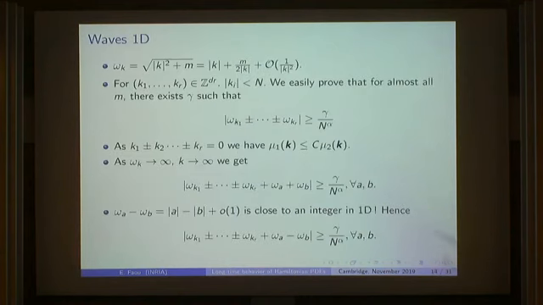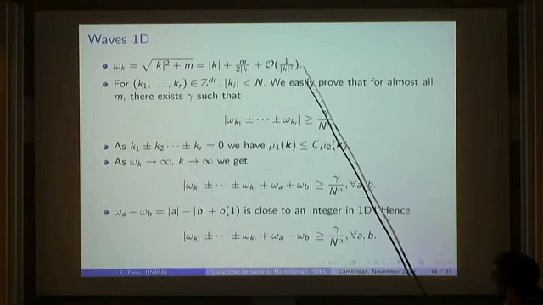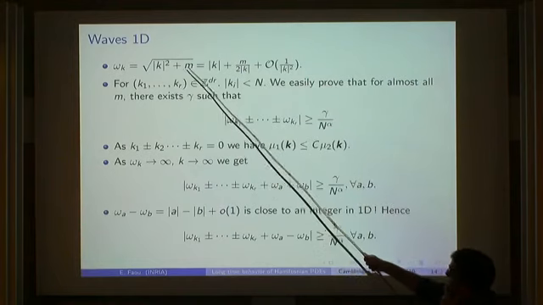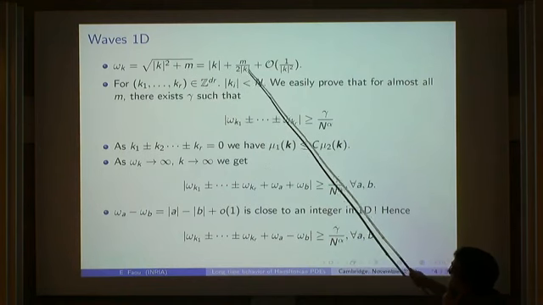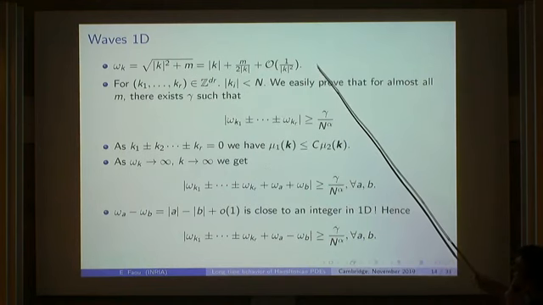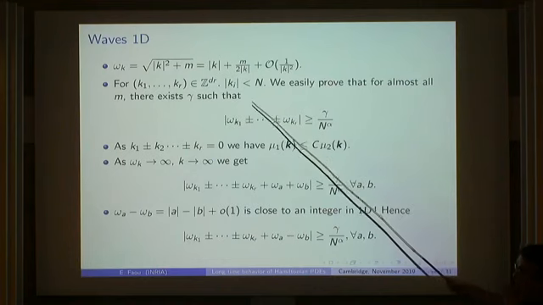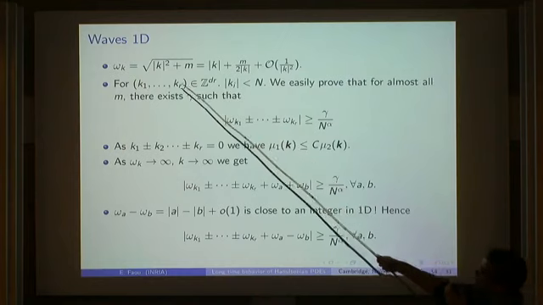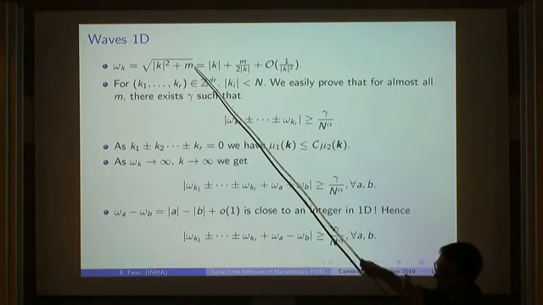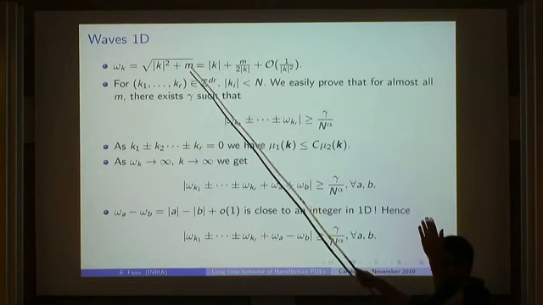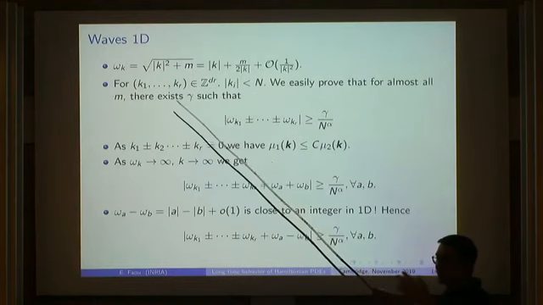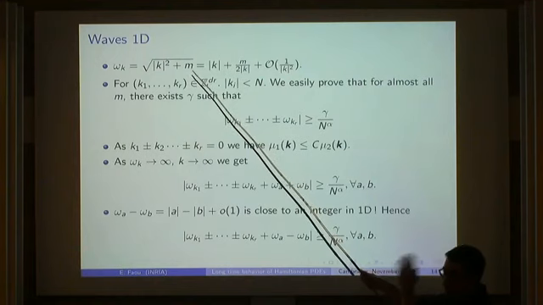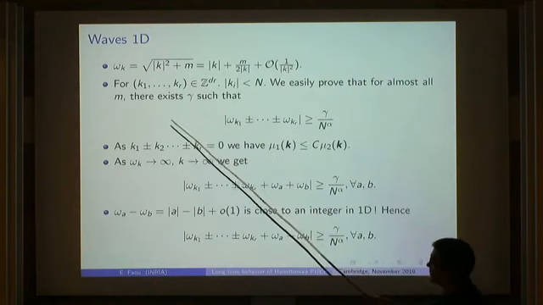So now I will explain why it's okay in 1D, why it's not okay in 2D. In 1D, for large k, you have such a relation. Now, it's relatively standard, because of the square roots, the derivative of this with respect to m is large. So if you have an exact resonance, you just play with m and you are far away from this resonance.